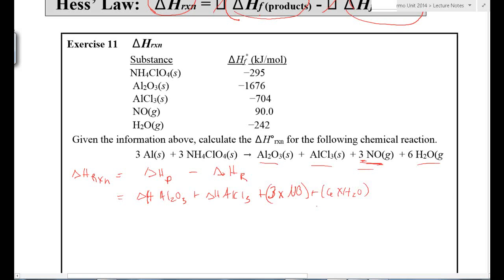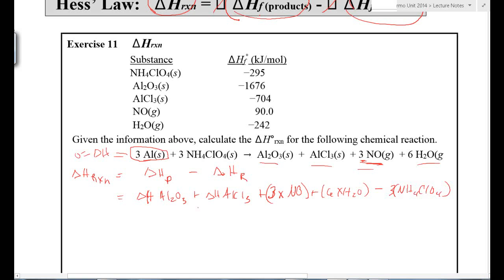Okay? Minus the change in enthalpy of the reactants. Now, this is an element in its standard state, and remember what we said, that delta H is equal to 0. So all I need to subtract here is 3 times the change in enthalpy of ammonium chloride.